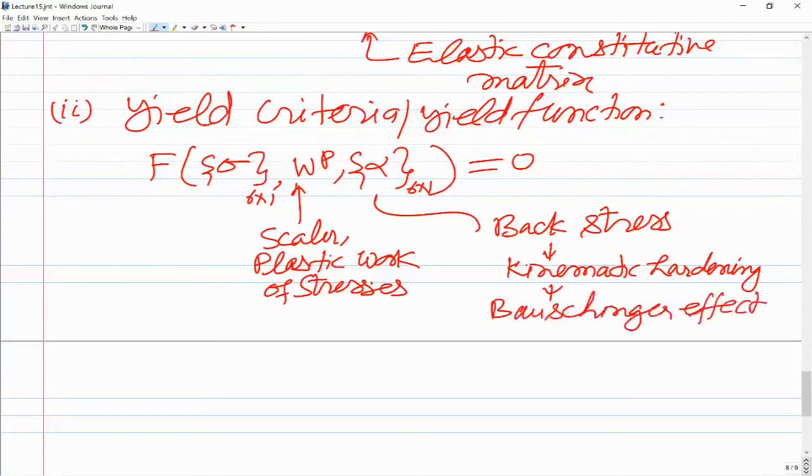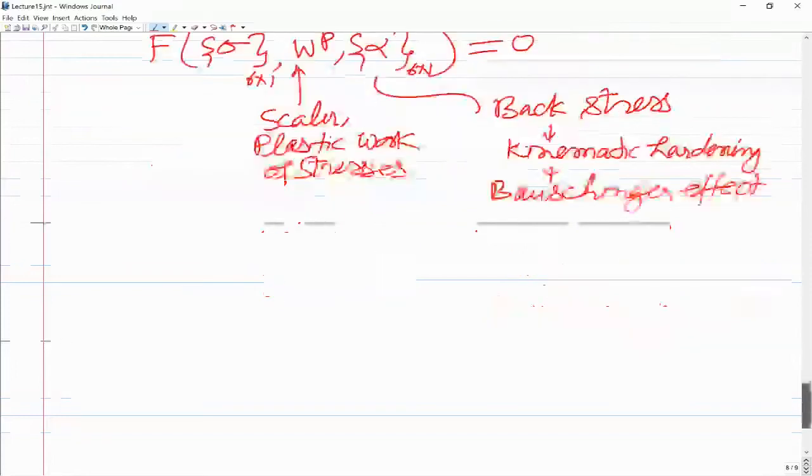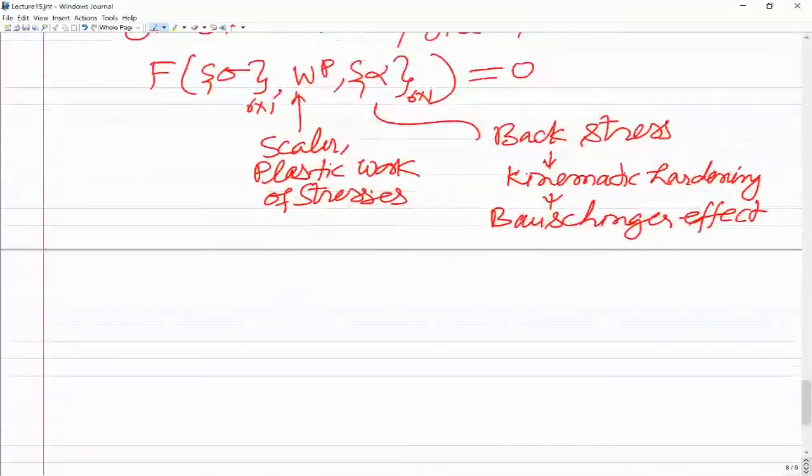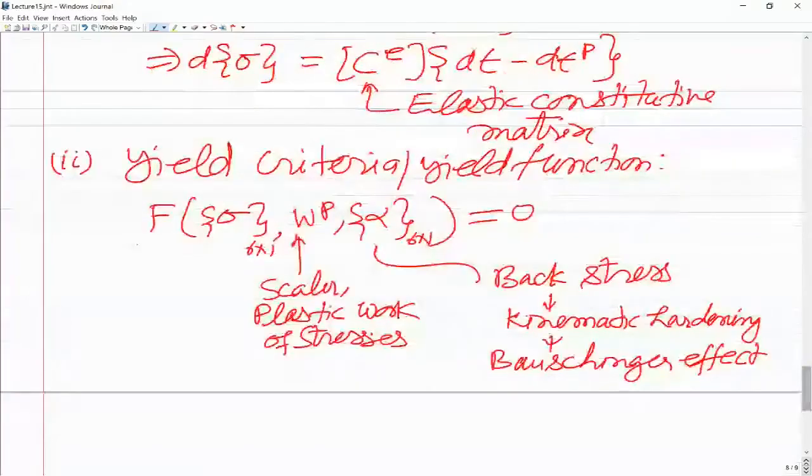Now I need to explain what these are. There are two types of hardening. Of course, you can always have a mixed hardening, which is a combination of these two basic types. I am going to discuss them.